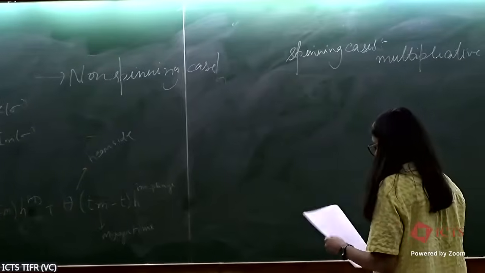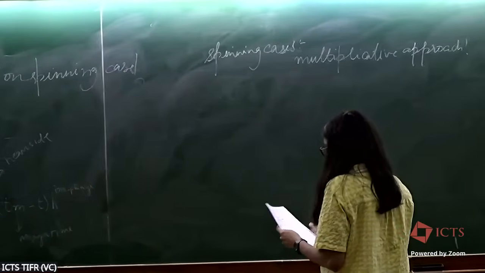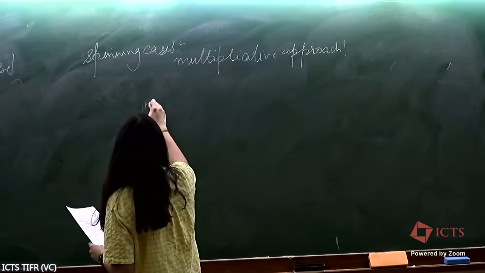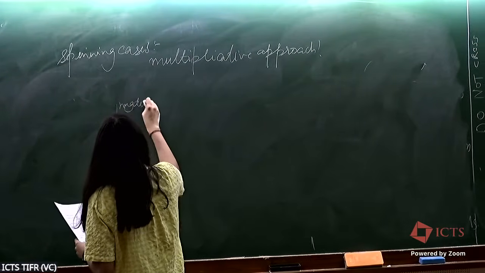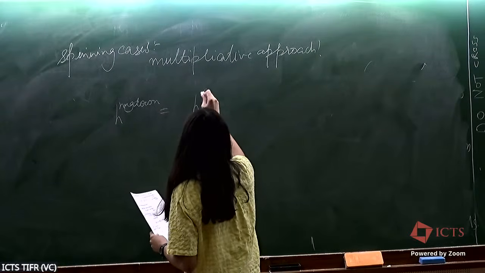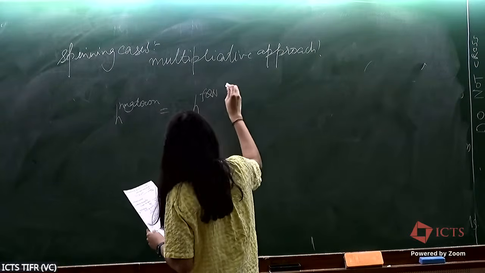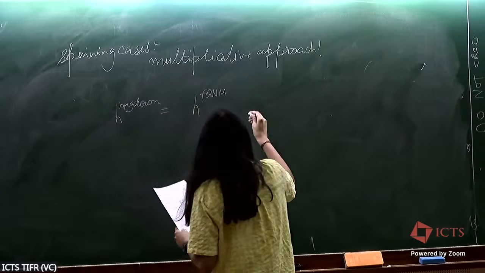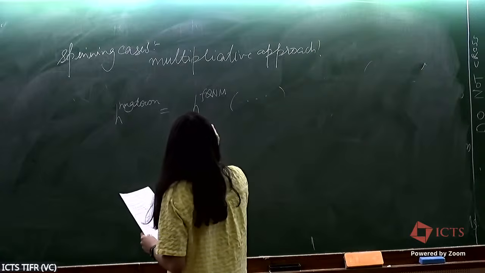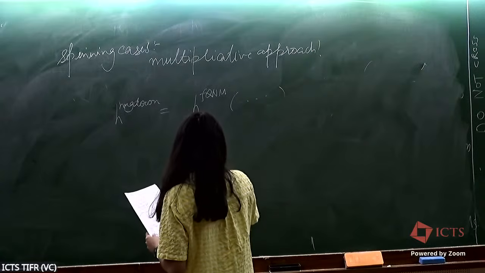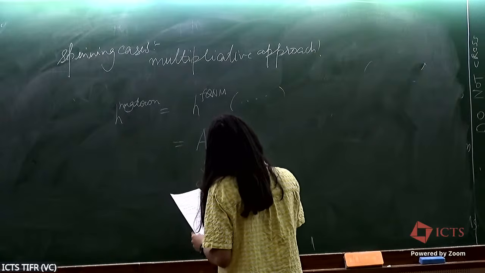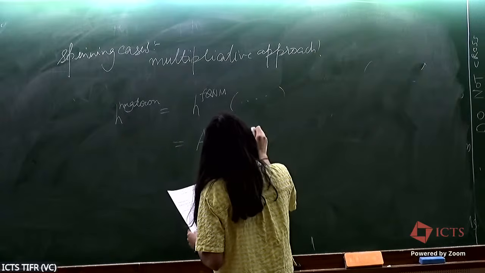Okay. So the multiplicative approach is we have to factor this H ring down such that we factor out the H corresponding to the fundamental quasi-normal mode and then other terms. This is done by factoring it in terms of the amplitude A_H and the phase.